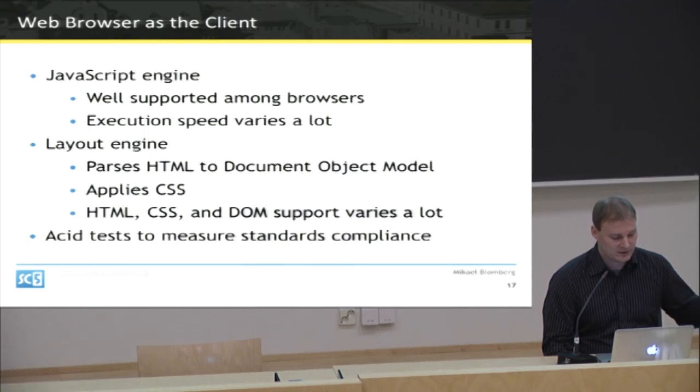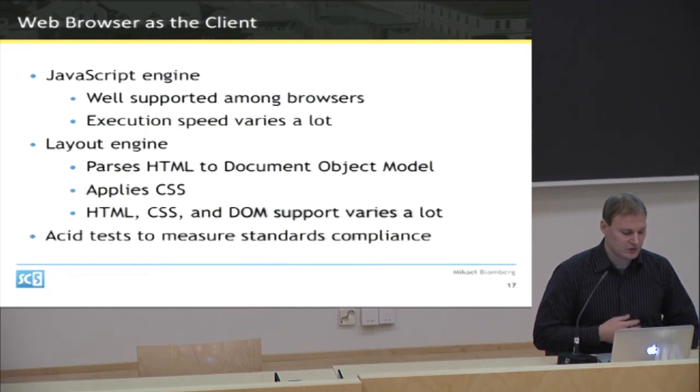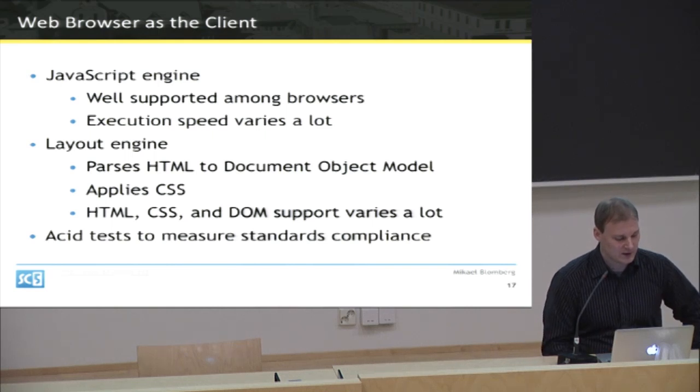And because of this dynamic nature of the DOM, execution of JavaScript might become slow. And that's why people call JavaScript slow. But it's not the language that is slow, it's just the environment.